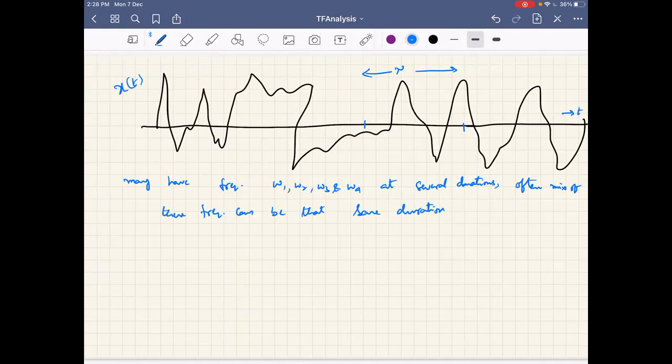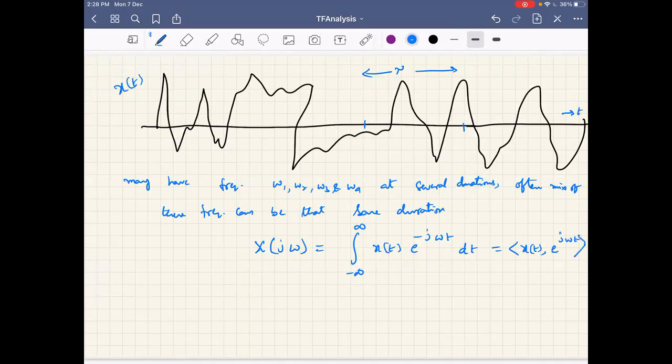Will that be given by Fourier transform? The answer is no, because of how we define the Fourier transform. If we define the continuous time Fourier transform, it is integral of x of t e power minus j omega t dt. This complex exponential based transform is finding the inner product between x of t and e power j omega t.